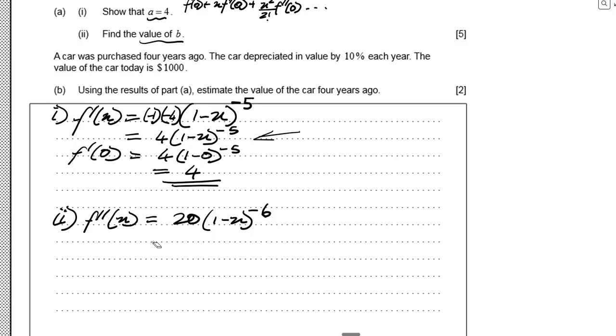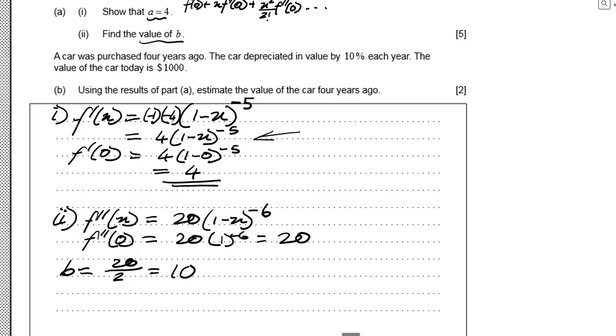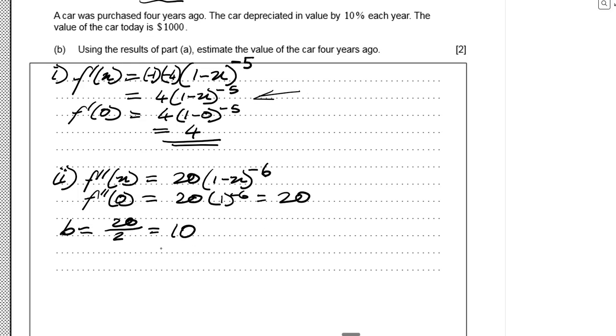And then all we have to do is find our f double prime of 0 is equal to 20. 1 minus 0 is 1, which is 20. And then what we have to realize is there's a 2 factorial as well. So our coefficient b is equal to 20 divided by 2, which is 10. So b is equal to 10.